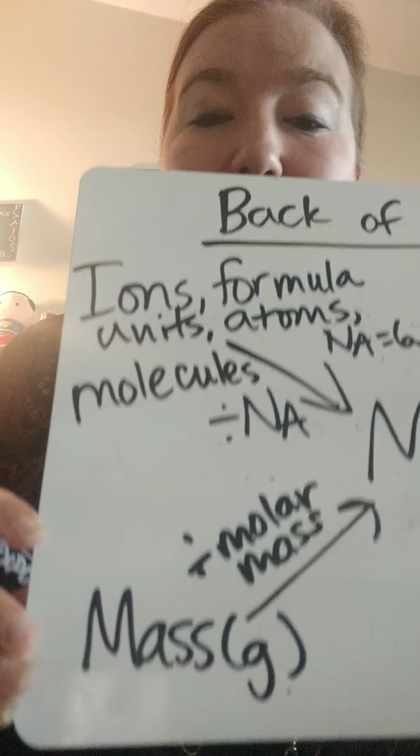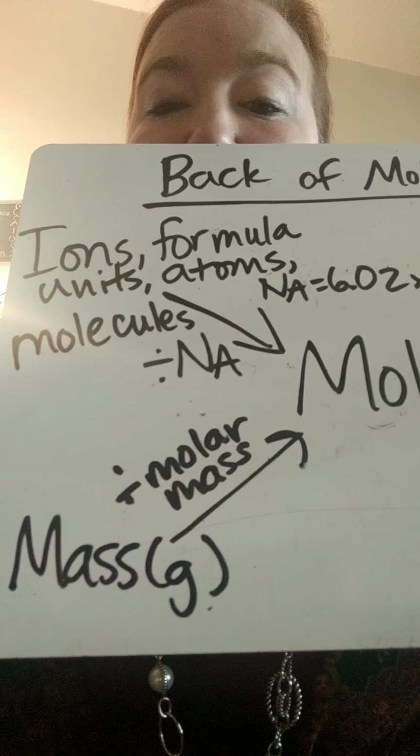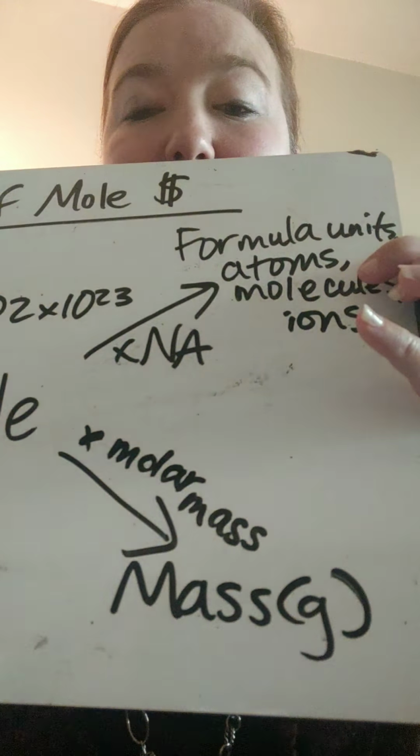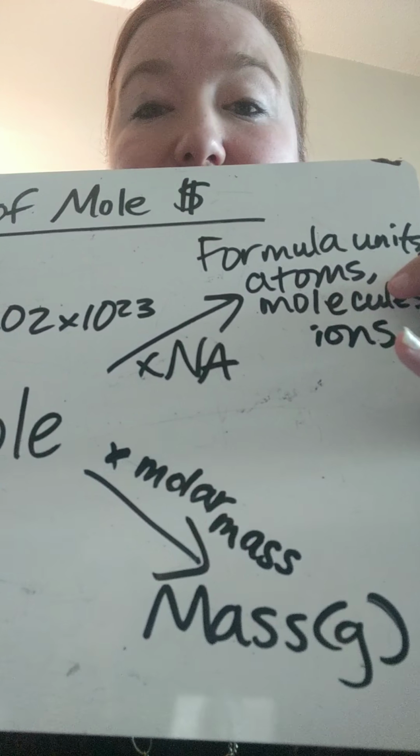So to go from mass to moles, I divide by the molar mass. And to go from mole to mass, I multiply by molar mass. Now, what is a molar mass? Well, that's where the formula mass and molecular mass worksheet come in.